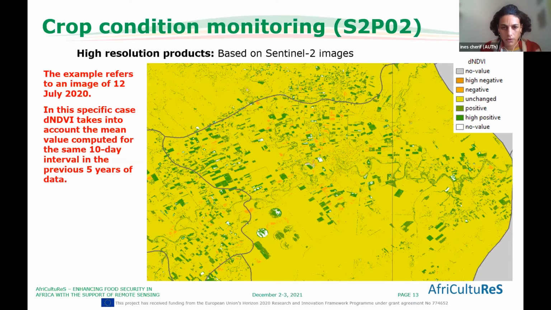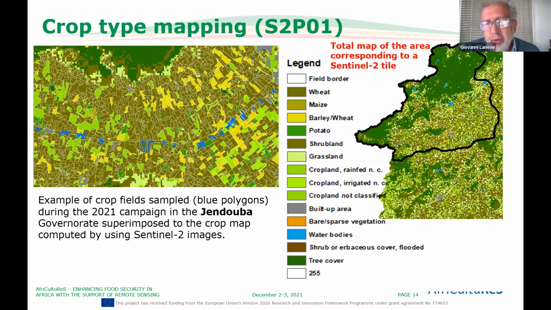This one is okay. So as Ines said, for some of the products we are providing them at different spatial resolutions. In particular, for the ones related to crops, we have medium and high resolution. The high resolution products are based on Sentinel-2. For instance, we are providing this crop type mapping at 10 meter spatial resolution.